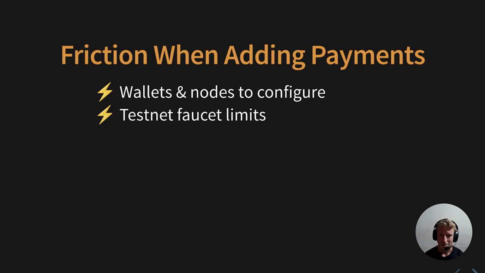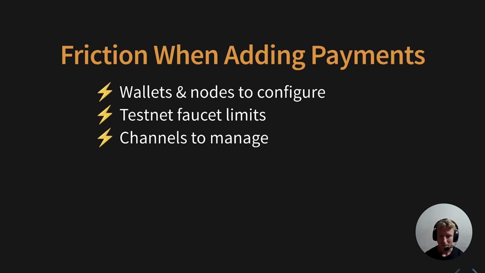Sometimes you use testnet, and you have to go to a faucet and ask for some faucet sats, and sometimes they have a limit, and you need more than the limit, and then you have to wait a day, or use a VPN to switch your IP address, and these things just slow you down.